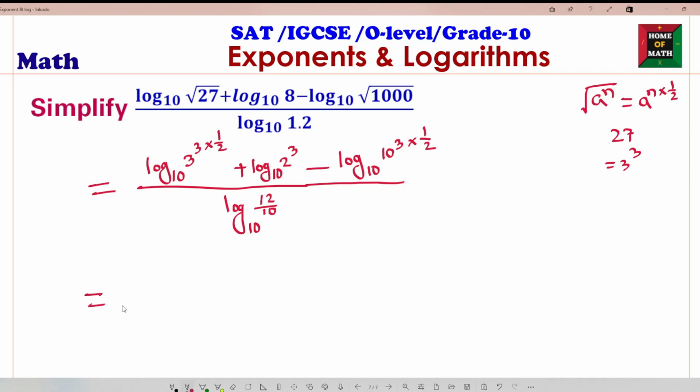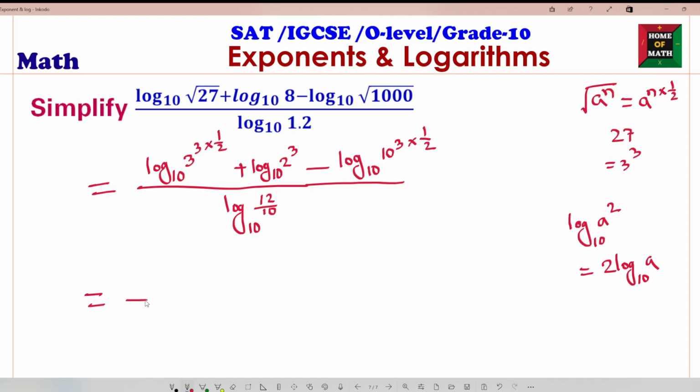Now we are following a rule like log base 10 a to the power 2, we can write 2 log base 10 a. Similarly we will follow this rule.